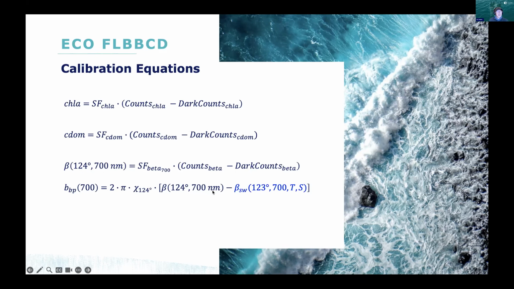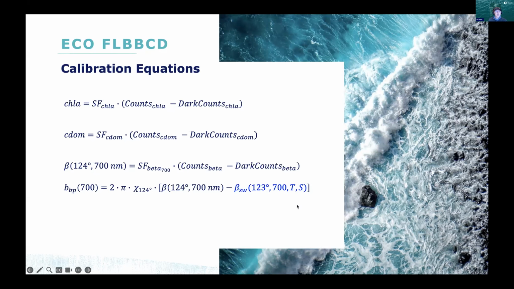We want to get the backscattering due to particles alone, so we need to subtract off the scattering at that one angle, and that should be 124, not 123, of the water molecule itself. And it turns out we know that. We can do some math and we have a number for that. So it's not a constant. It's dependent on the angle, on the wavelength, on temperature and salinity.